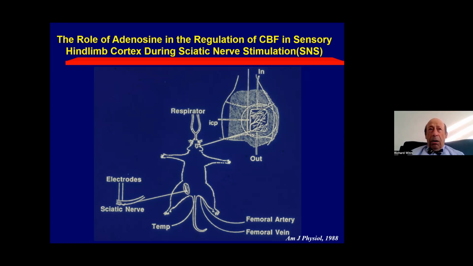Took us about 7 years, but here it was. It was a respirated rat, anesthetized, arterial pressure monitored, a cranial window prep so we could look at hind limb sensory cortex. And then we dissected out the sciatic nerve and we stimulated it.